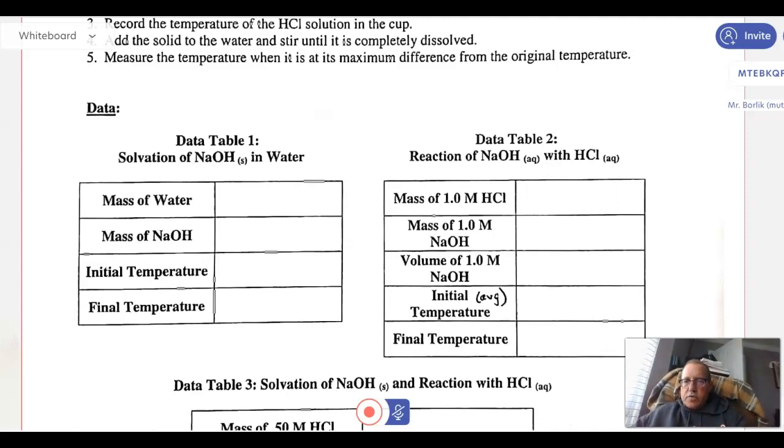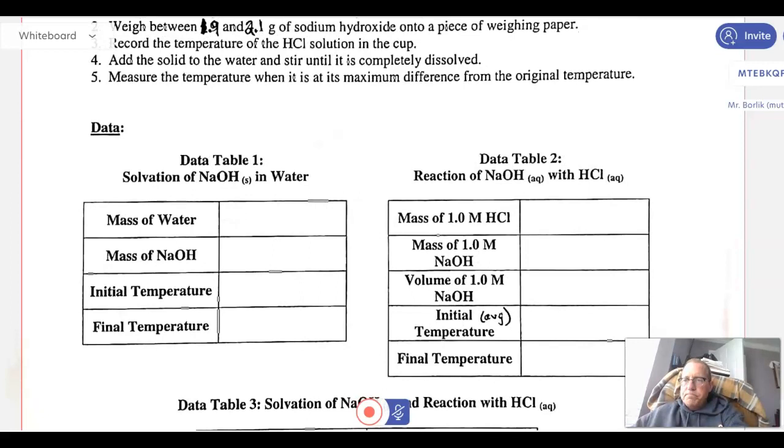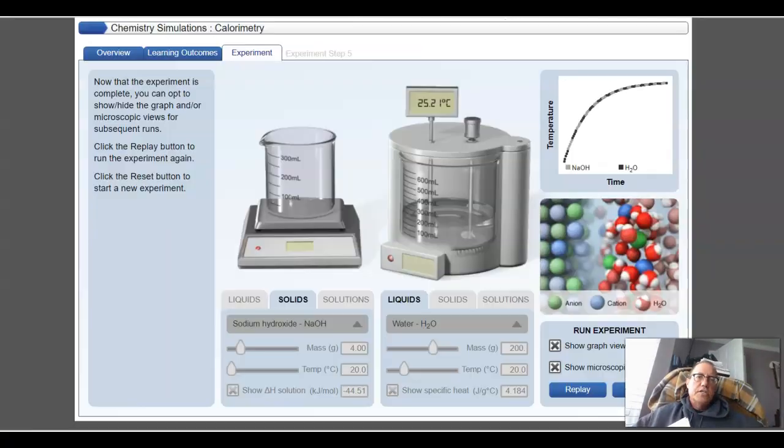All right, so it was 200 grams. All right, the mass of our sodium hydroxide was 4.0 grams. Our initial temperature was 20 degrees Celsius, and our final was, we'll look here, 25.21 degrees Celsius.